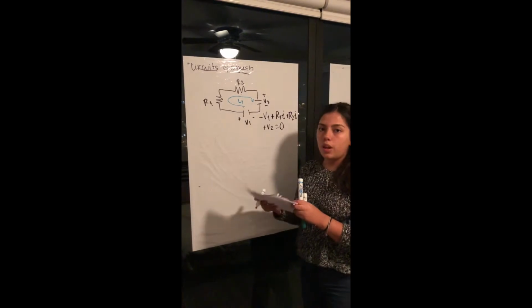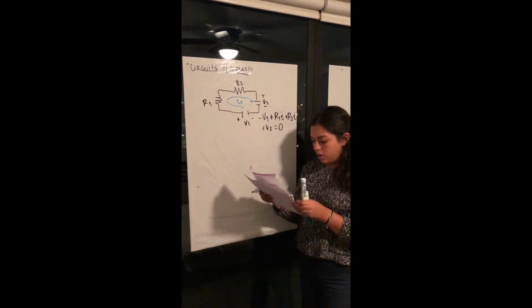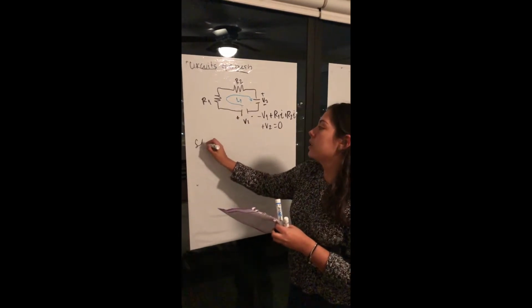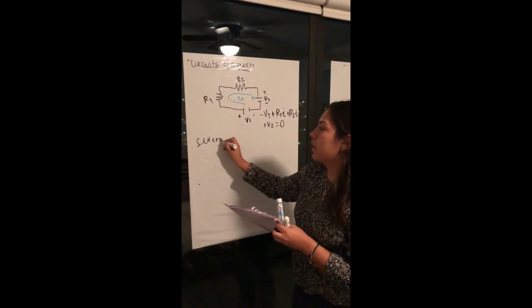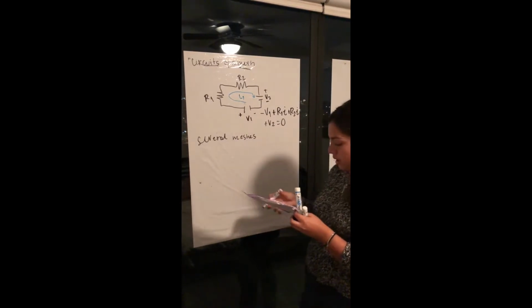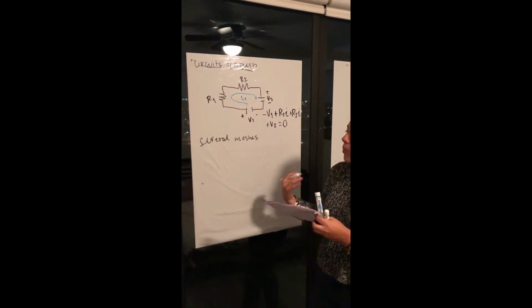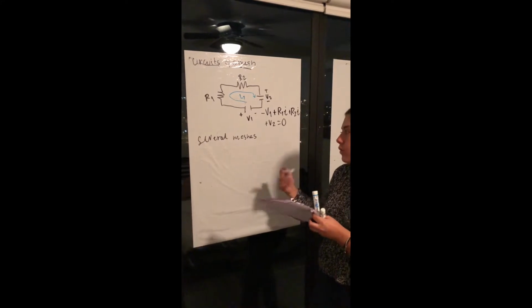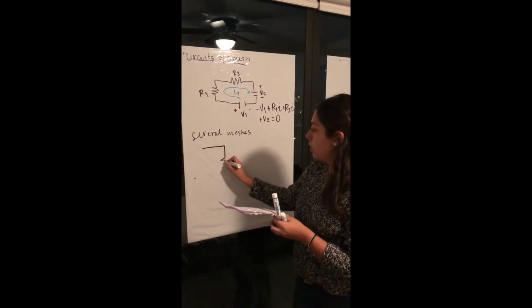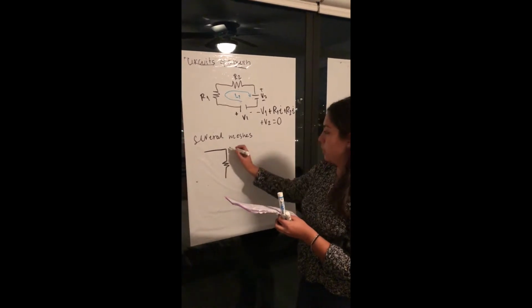That's how we would solve a circuit of just a mesh. And we'd also need to talk about circuits of several meshes. And what would be a circuit of several meshes? Just to establish the simplest one, we draw one of two meshes.